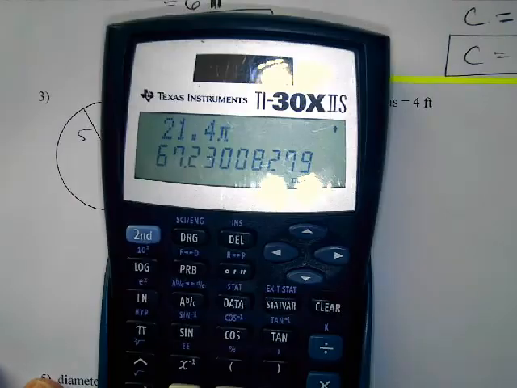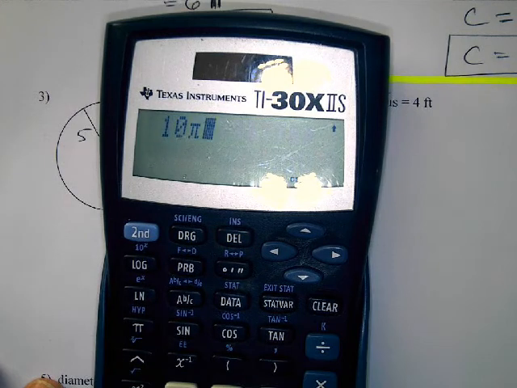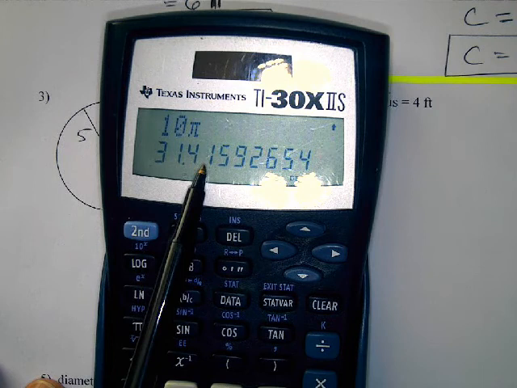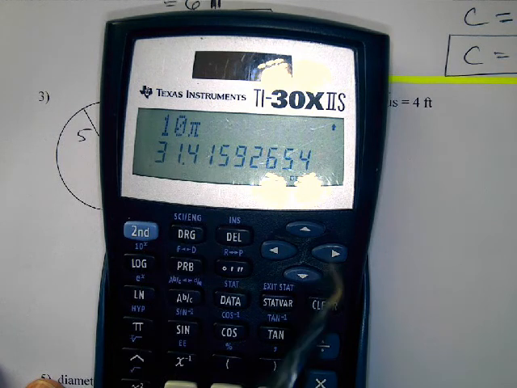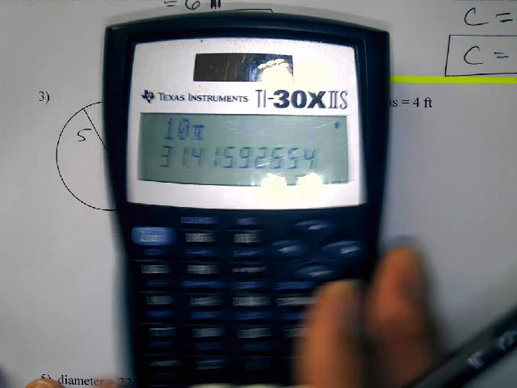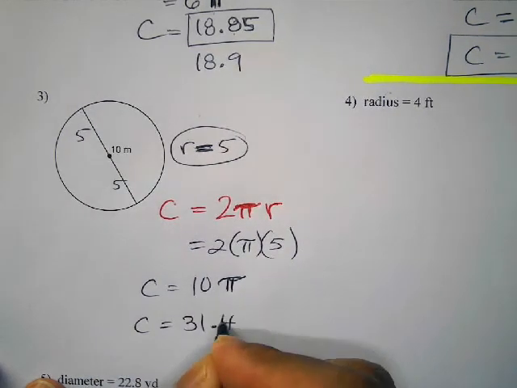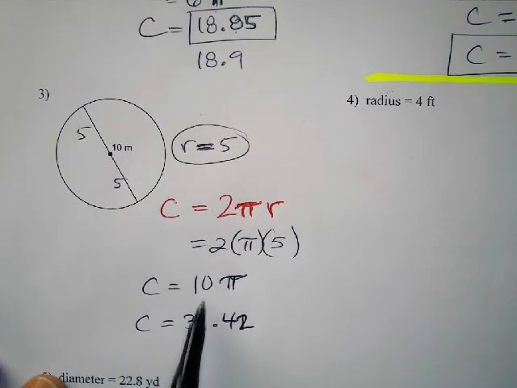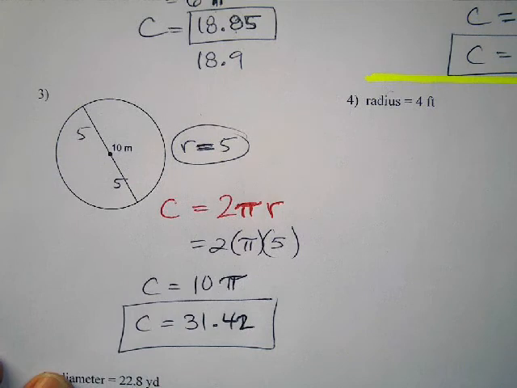But they actually want you to use this pi value on the calculator, so we have to multiply it out. 10 times pi equals 31.41. But that 5 kind of bumps this 41 into a 42. We'll put 31.42. That's okay. If you put 41 or if you put 42, it's okay. I'm still going to mark it right. I'm going to check your work anyways.